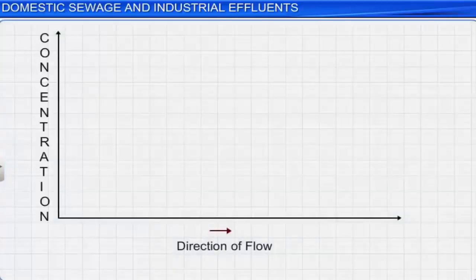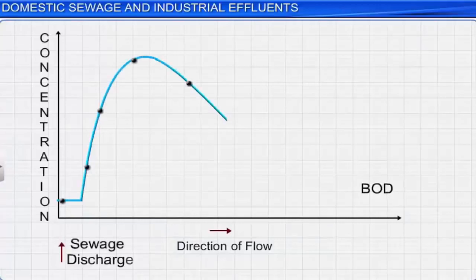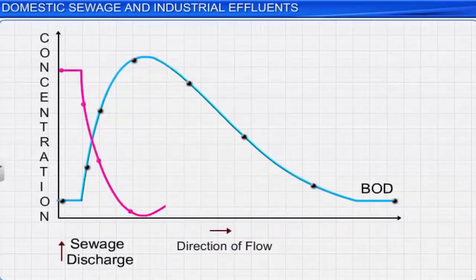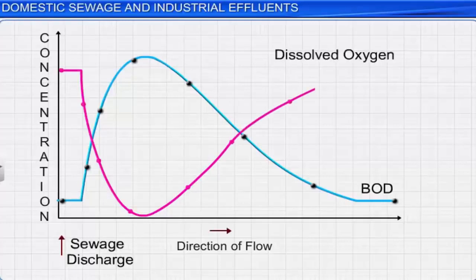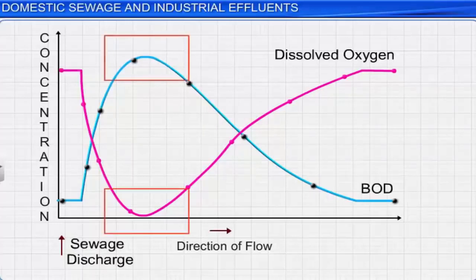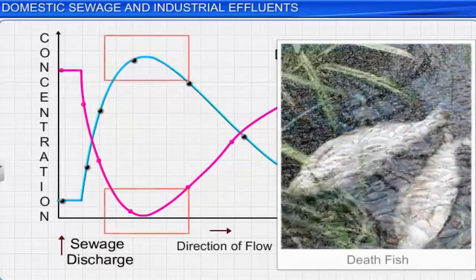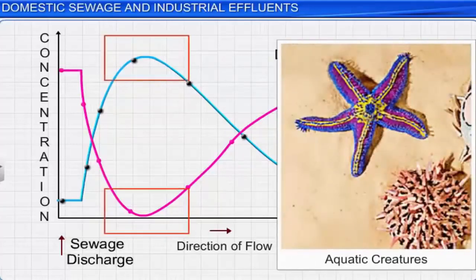The concentration of BOD in the sewage water discharged into the water is high. A high concentration of BOD automatically translates into low amounts of dissolved oxygen, or DO, as depicted in this graph. High BOD and low DO ultimately cause the death of fish and other aquatic creatures.